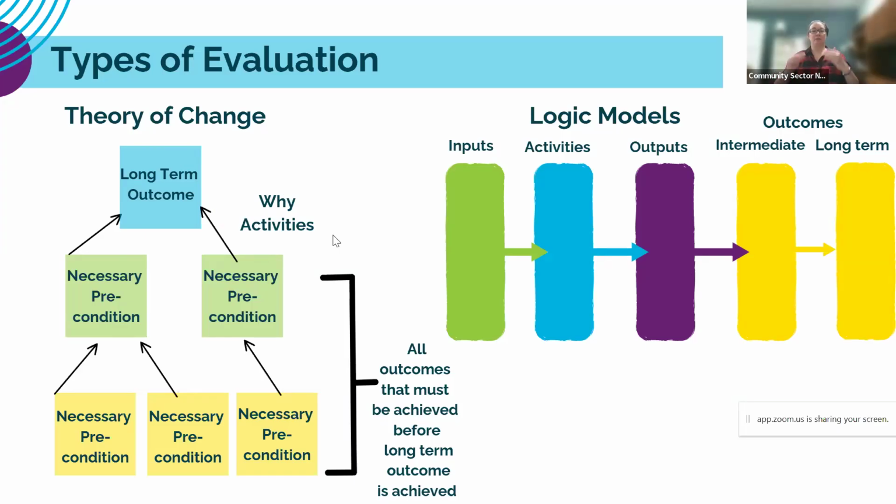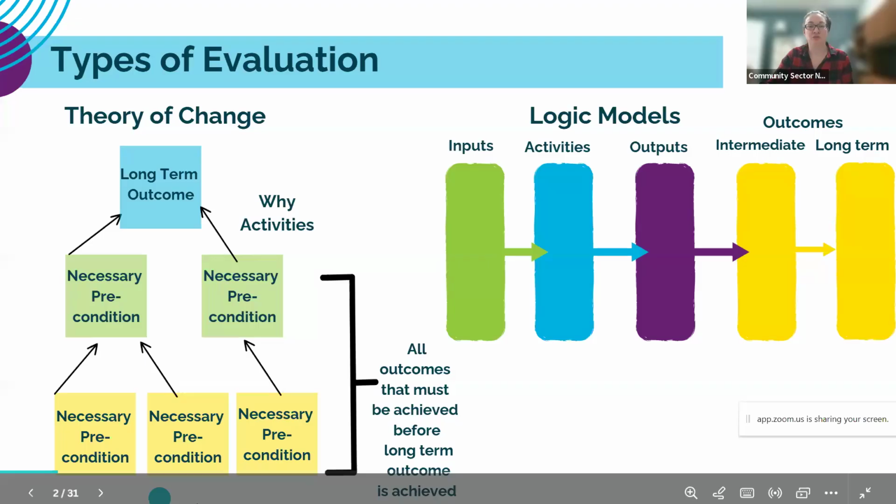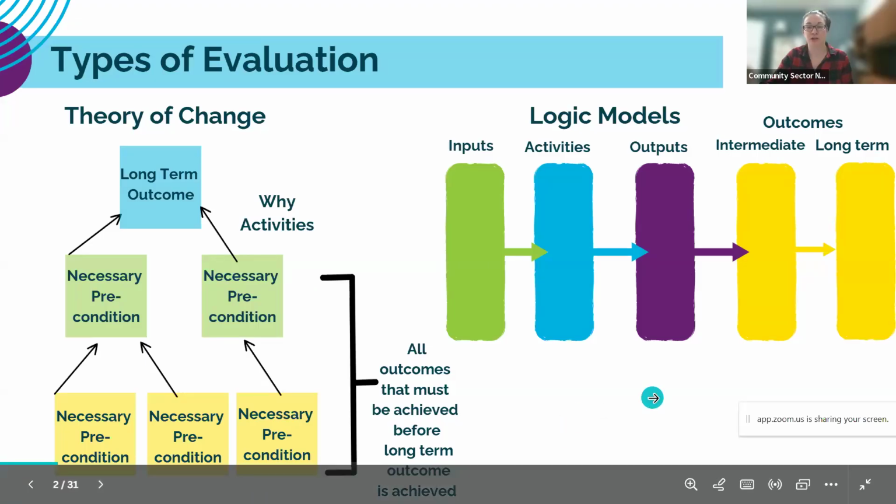And then we look at all the necessary short and medium-term outcomes and preconditions that must be met, and all the activities that we need in order to build towards that long-term outcome. So it's a sort of reverse process where we focus first on what the outcome we are seeking is, and then we consider all these preconditions. So that's a visual framework of how you could organize a theory of change model.